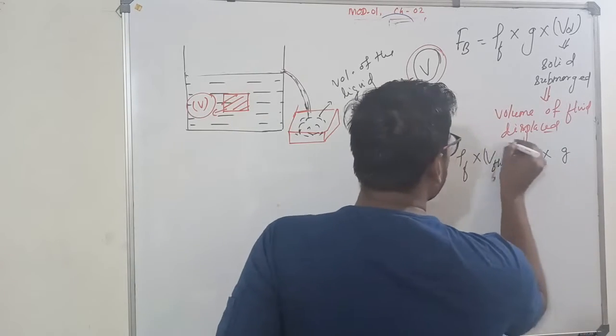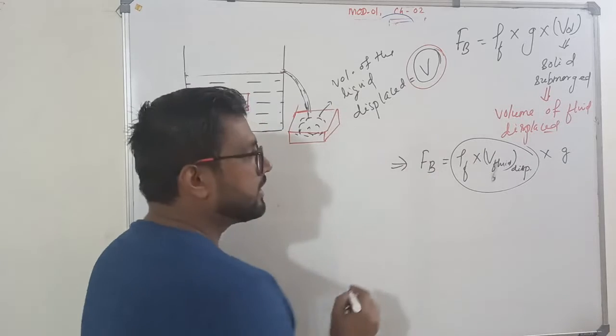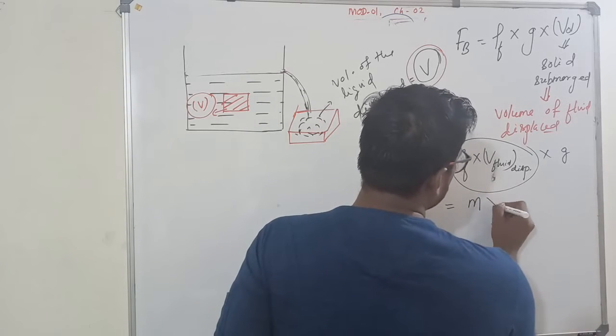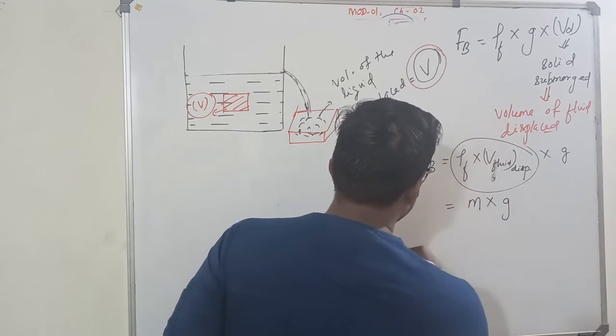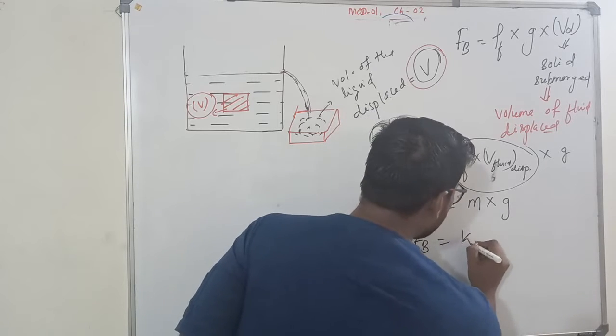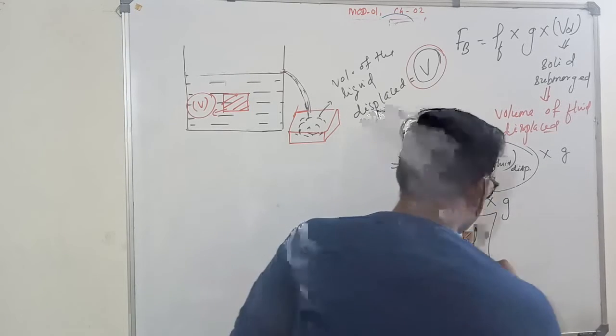So what is density into volume? Density into volume is mass, multiplied by gravity. What is m into g? This is weight.